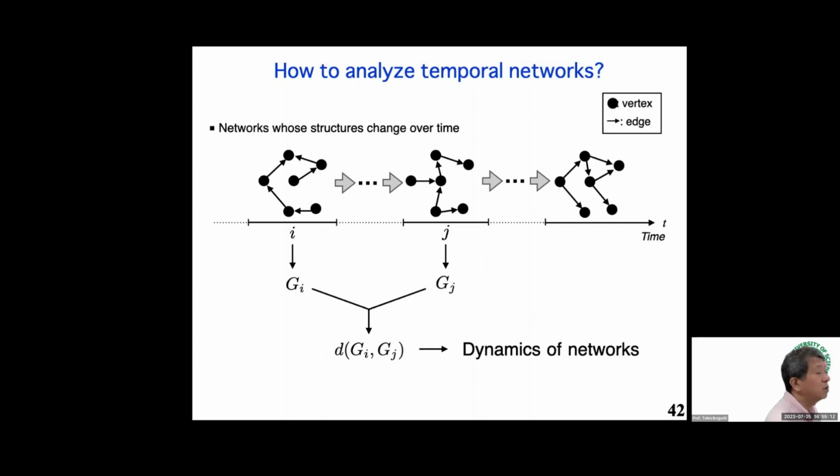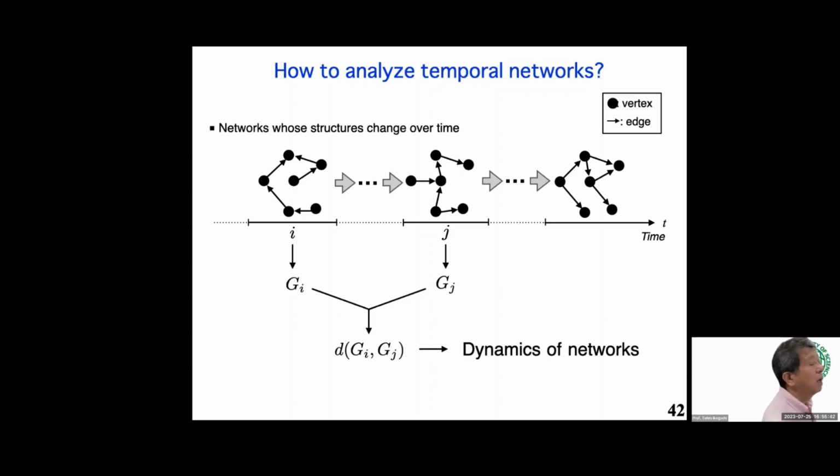Now I show you the temporal evolution of the networks in this slide. One of the ways to analyze the data as a temporal network is to look at each network and the indicators that characterize it, as discussed in the first half of today's talk, and how these indicators change over time.